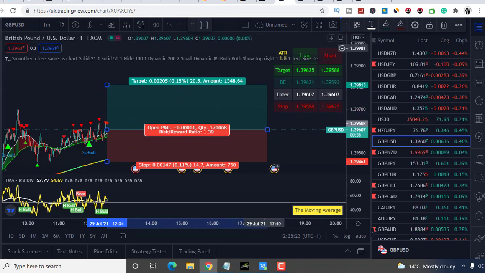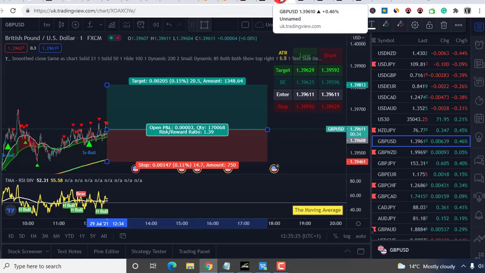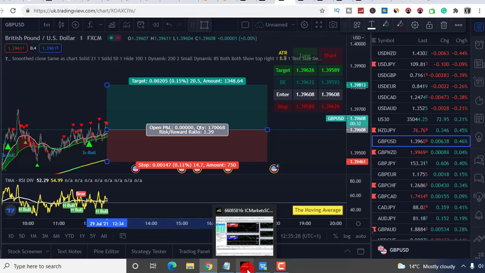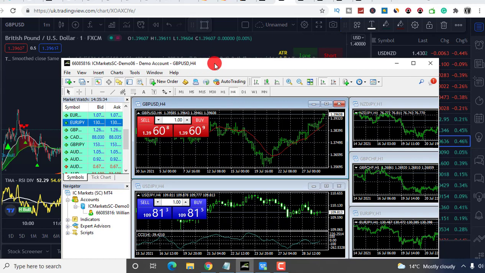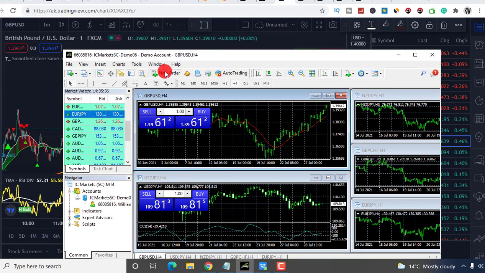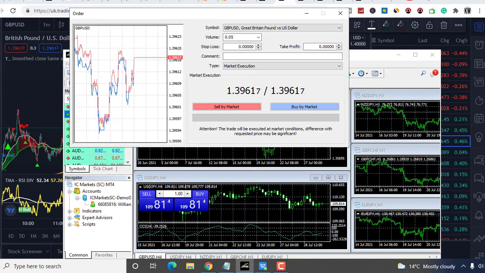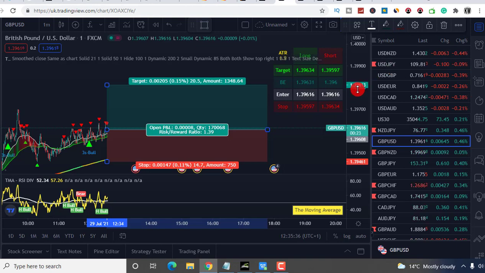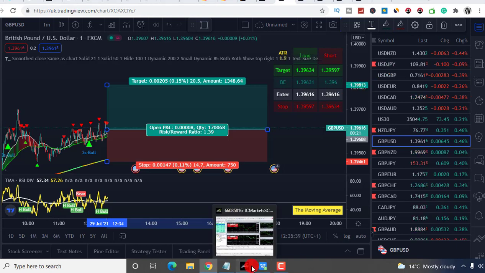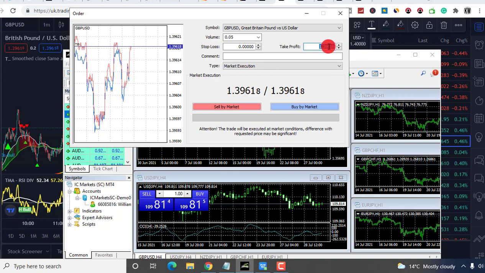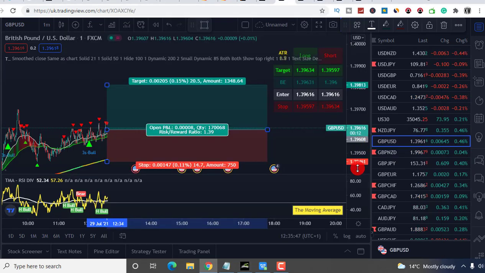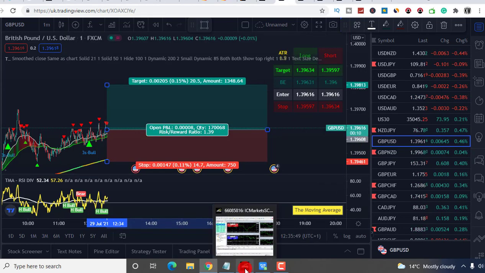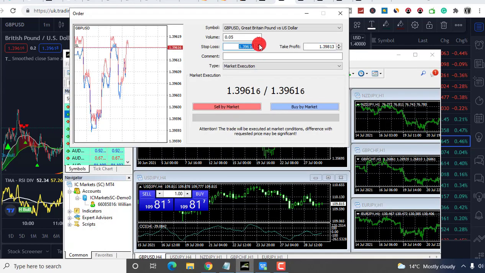So we're gonna go to MT4, and then the pair is Great British Pound USD. So I go to Great British Pound USD, this one, and then place the order. So what was it? 39813, and then stop loss was 39461.